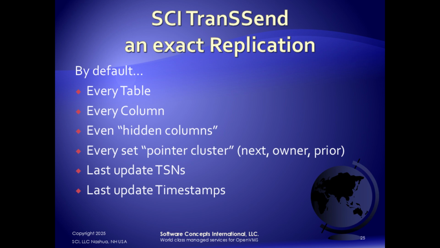We can go through and modify what gets replicated, so we can do a subset if we want. Our experience has been there's really no cost to replicating everything. And at some point down the road, you're going to say, "Boy, I sure wish I had." Well, it's a lot easier just to do it from the get go.